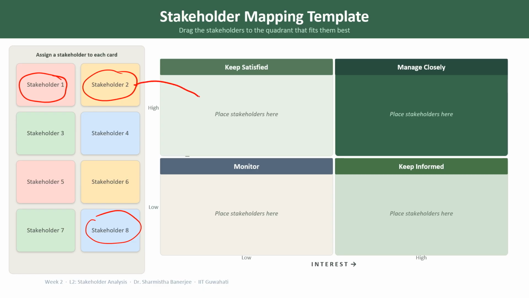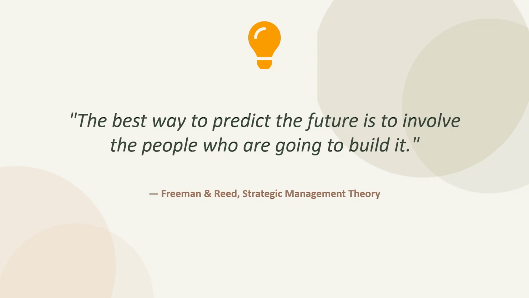So let's say I identified that stakeholder 2 should go over there, stakeholder 8 should go over here. So when you are using this matrix, you can also think of using a huge whiteboard because you are doing it in a team. Create this power and interest matrix as a line drawing. Then you can have lots of sticky notes and you can keep putting the stakeholders into the appropriate boxes and discuss at the same time.